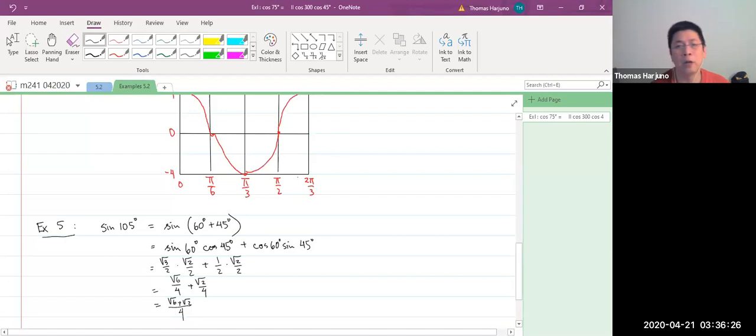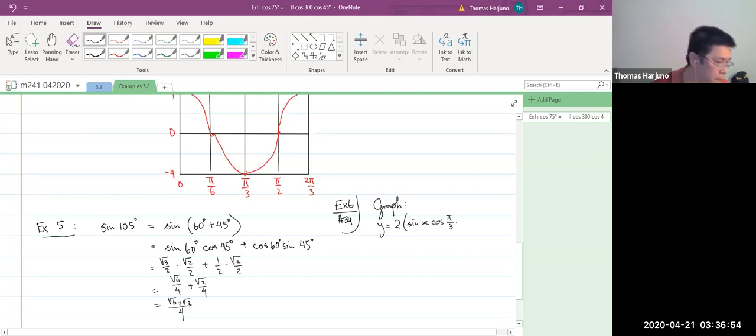Okay, now another one, example 6. Let me take from question number 34. Graph one cycle of y equals 2 times sine x cosine pi over 3 minus cosine x sine pi over 3.